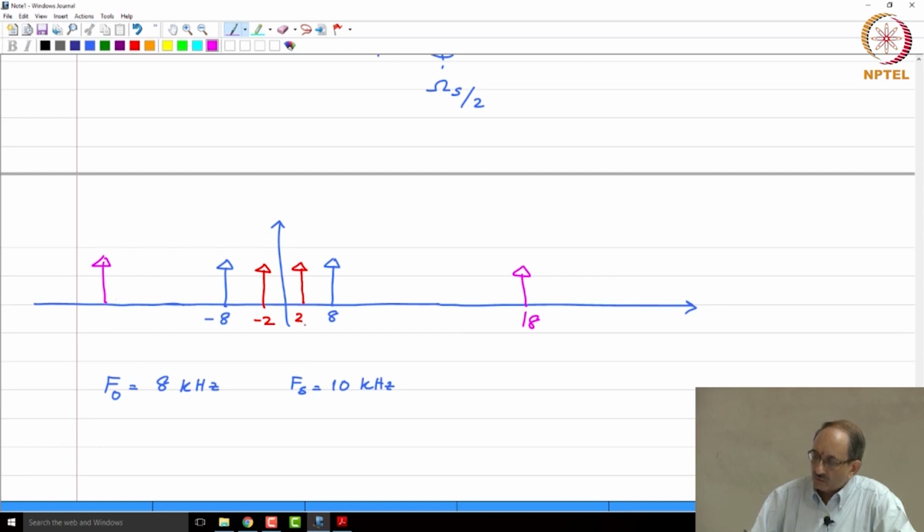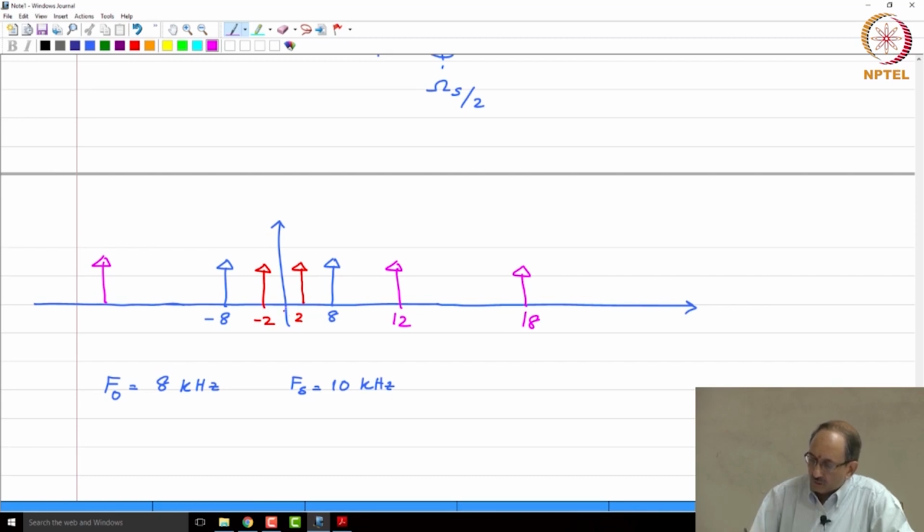But also note that 2 will again repeat with a period of 10. Therefore, 2 plus 10 is 12. So these are some of the repetitions here.